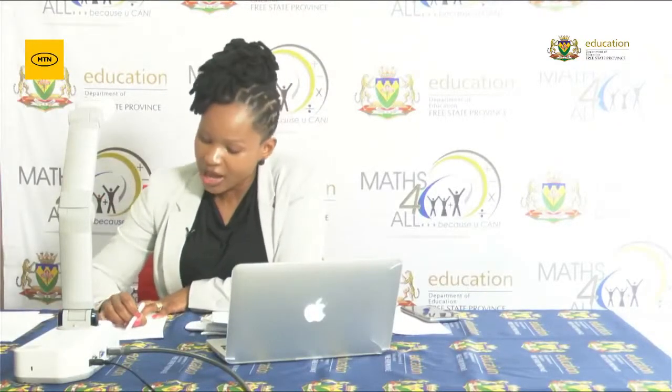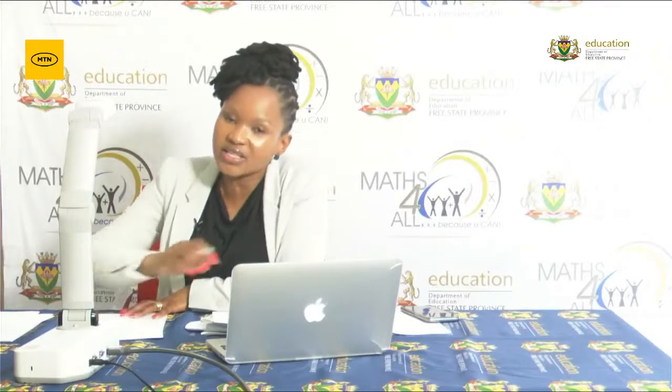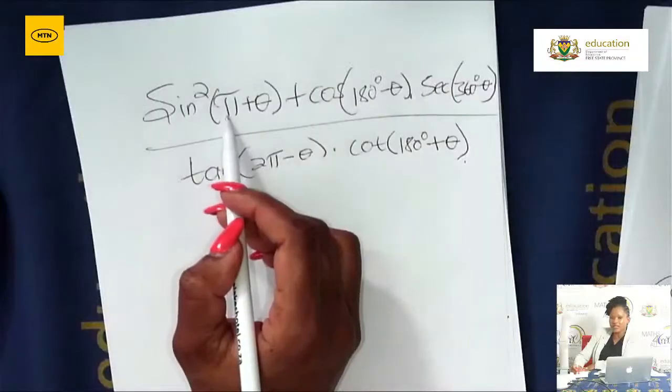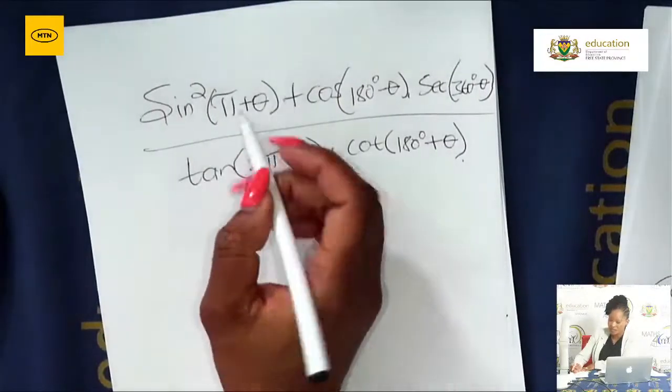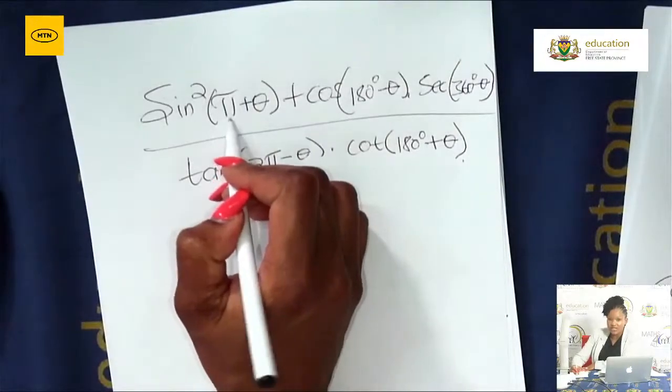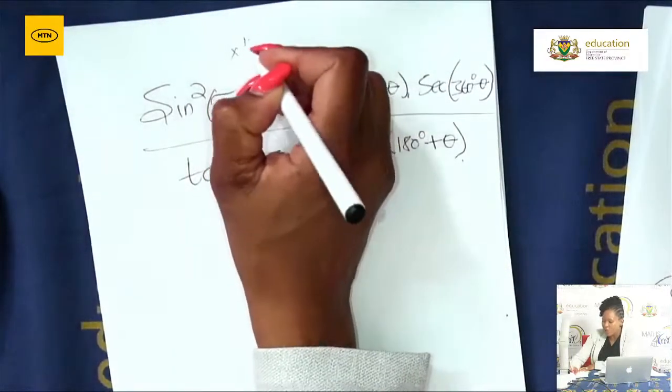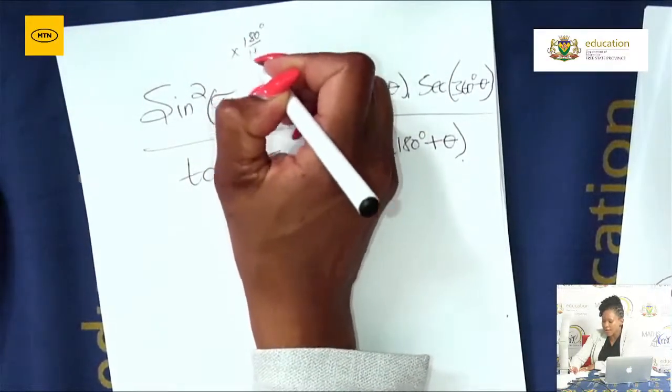Now, I've indicated that angles can be given in radians or in degrees. So where we see pi, you must know the angle is in radians. So before you simplify, start by converting this to degrees. So pi to degrees, you multiply by 180 degrees over pi.